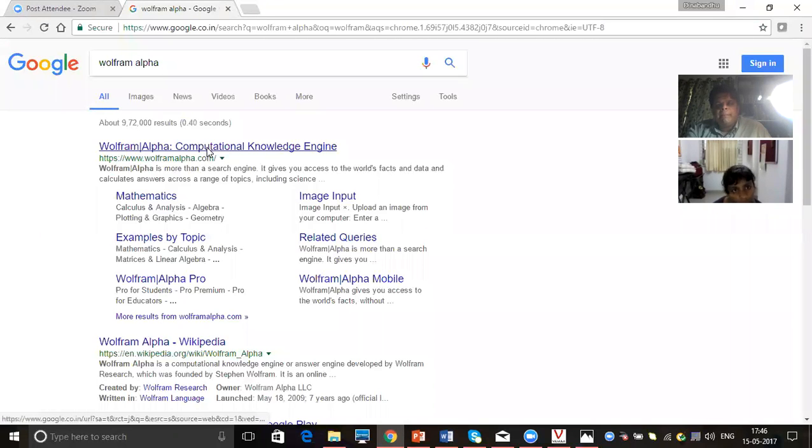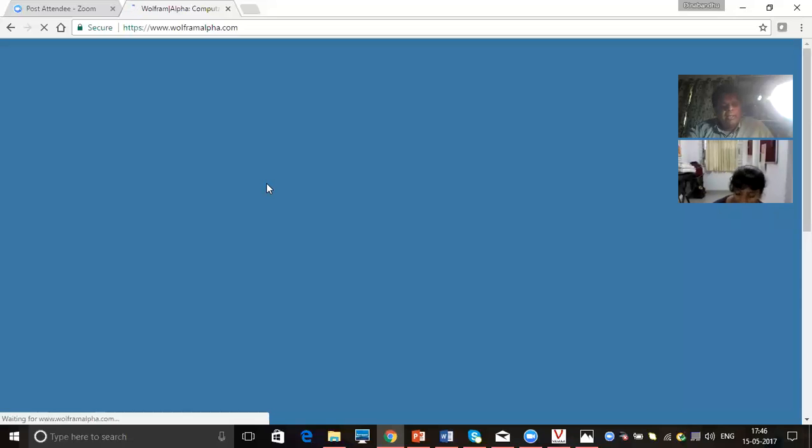WOLFRAM. I can see it, yeah. Alpha. You're able to get it? Okay. So now I'm going to go in. Yeah, I'm just getting into the computational engine there.